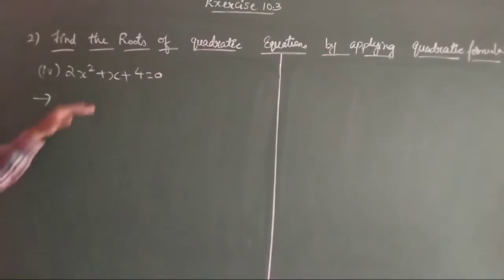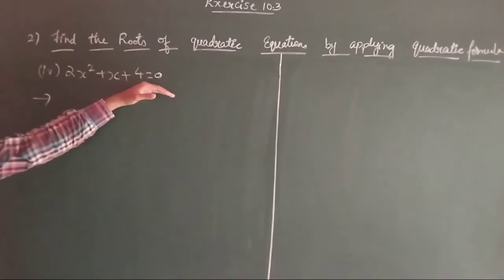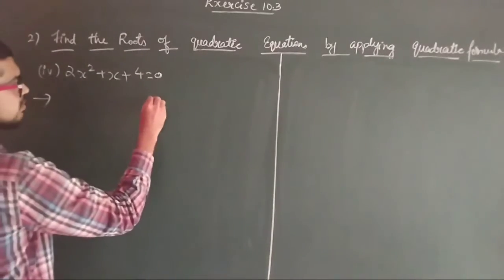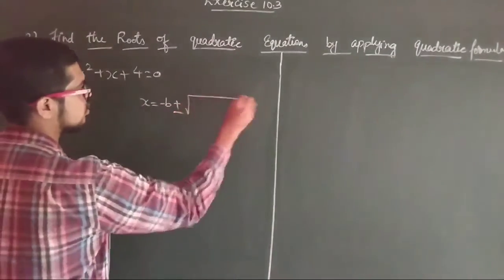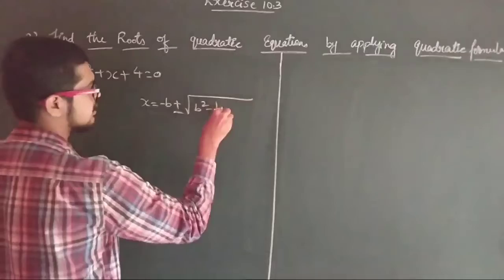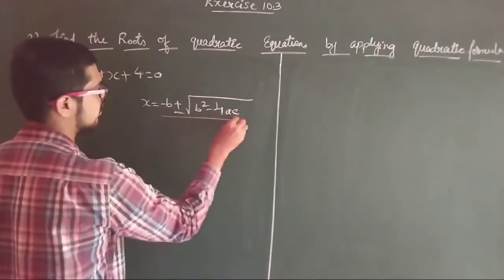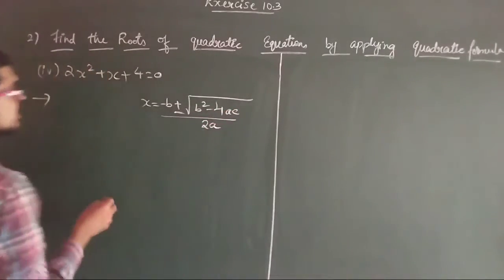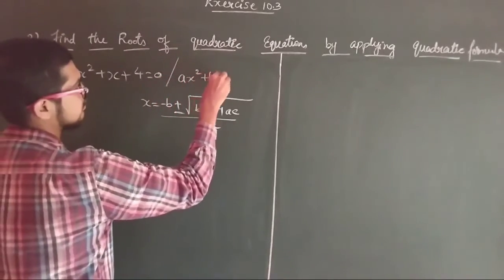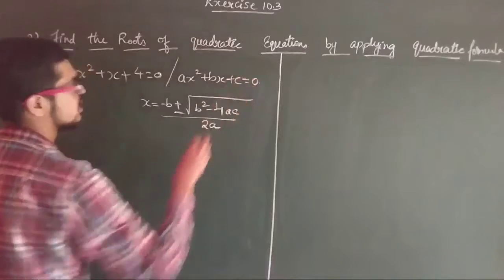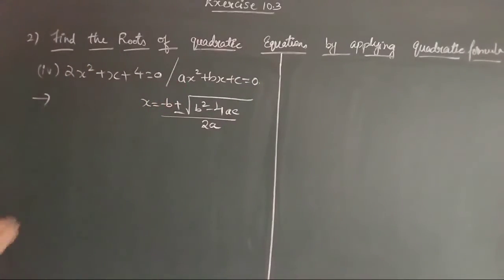That is 2x square plus x plus 4 is equal to 0. So what is the formula? Formula is x is equal to minus b plus or minus root of, very good, it is b square minus 4ac divided by 2a. Yes, if I compare this with the general form, that is ax square plus bx plus c is equal to 0, I can write a as 2.